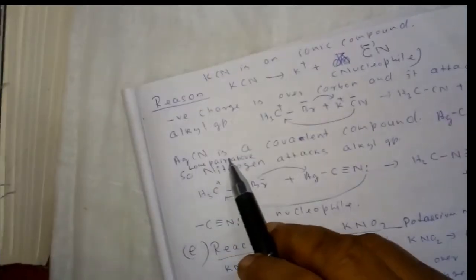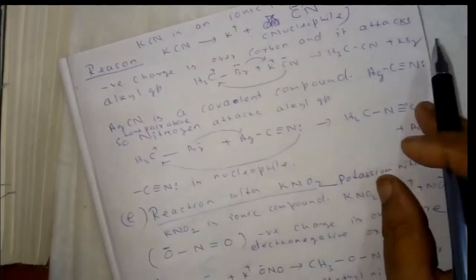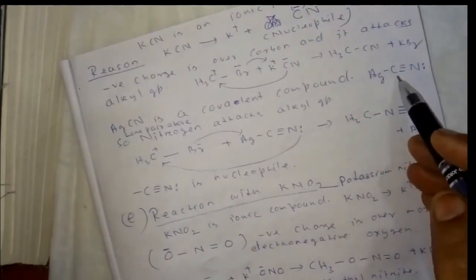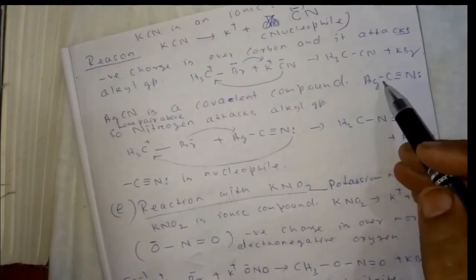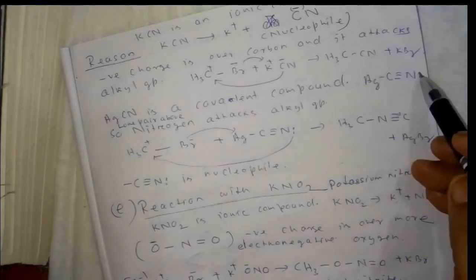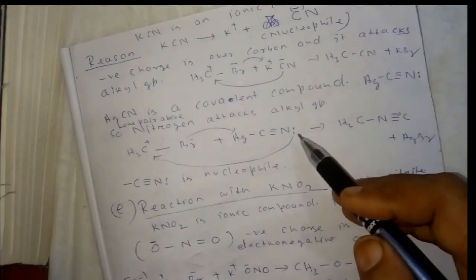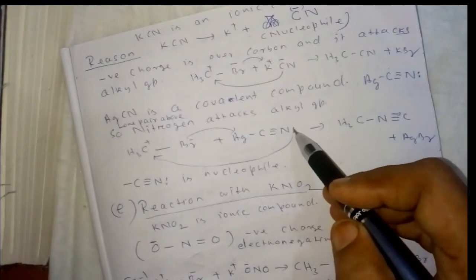But AgCN is a covalent compound, Ag–C≡N. So this bond is not easy to break. Rather, the lone pair on nitrogen will attack as the nucleophile. I have told you, ammonia is a nucleophile, the lone pair acts as a nucleophile.